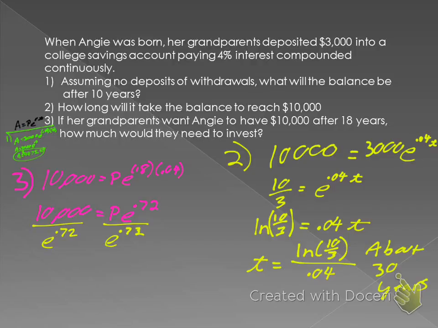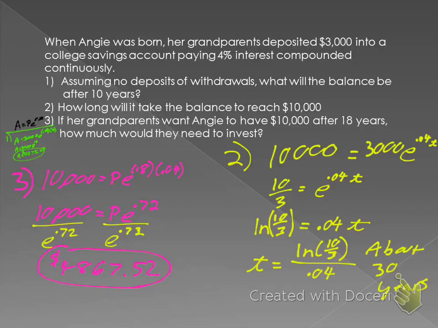So do 10,000 divided by e to the 0.72 power, which should give you 4,867.52. See how you get rid of, cancel these out? So that's P. P equals that.